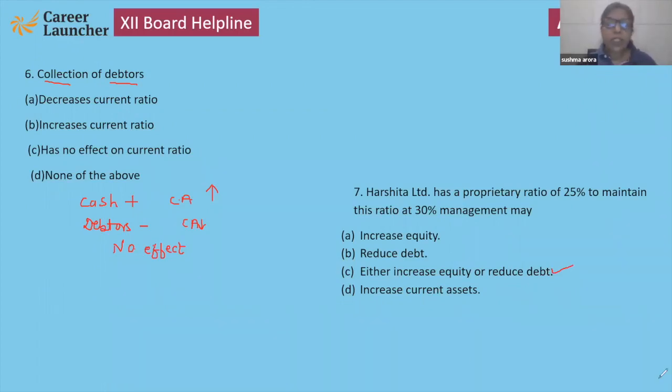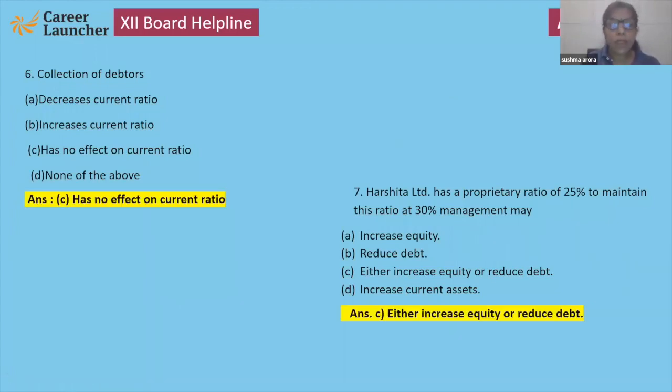As you know, the proprietary ratio has one formula: shareholders funds upon total asset into 100. So the company may either increase the equity or reduce the debt, then they will come to a higher proprietary ratio.